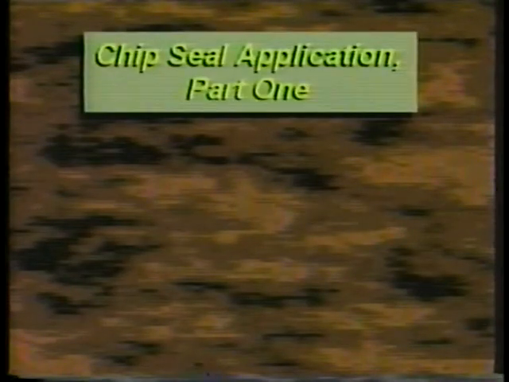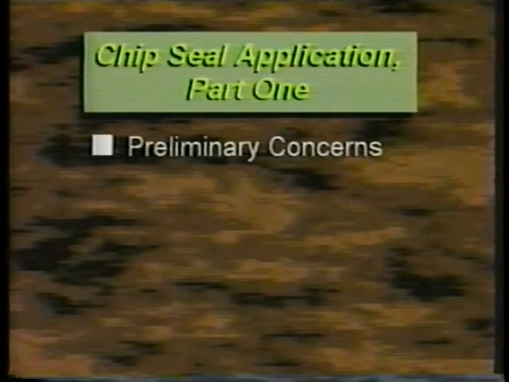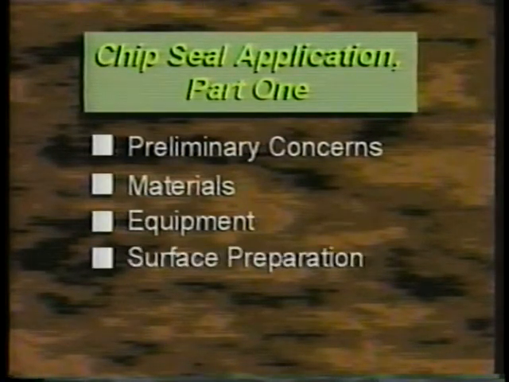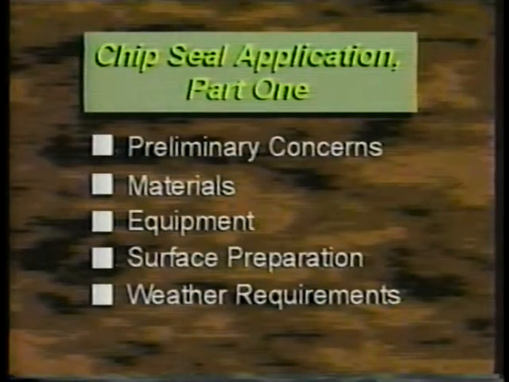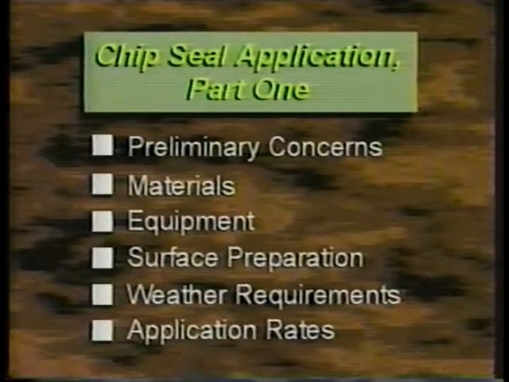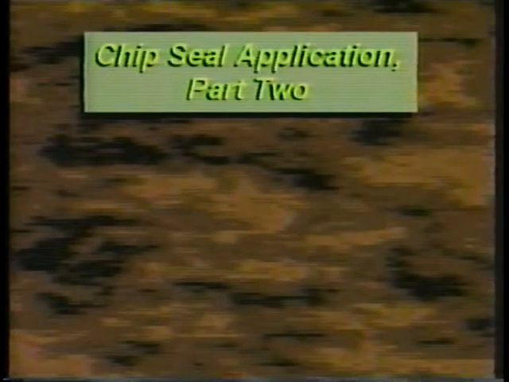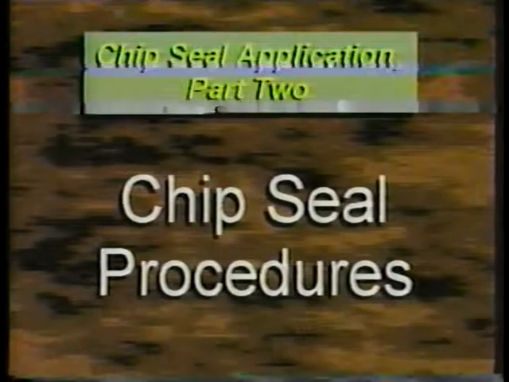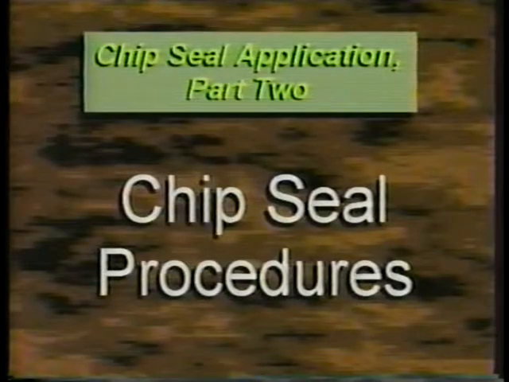Here in Part 1, we'll look at the preliminary concerns, materials, equipment, surface preparation, weather requirements, and application rates. In Part 2, we'll look at the chip seal procedures, binder application, chip spreading, and roller operations.